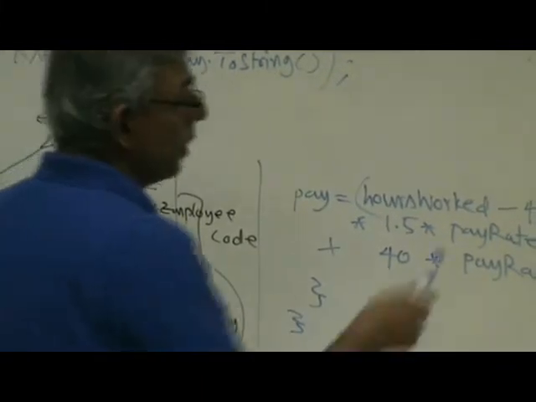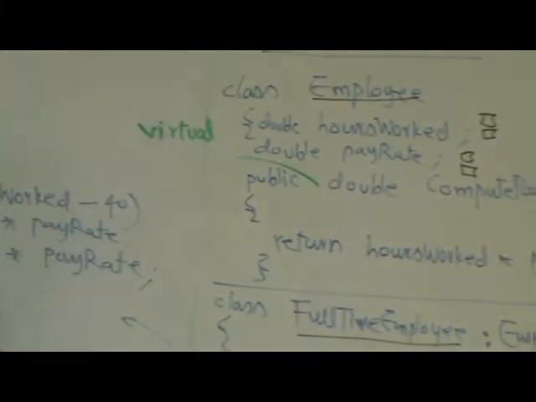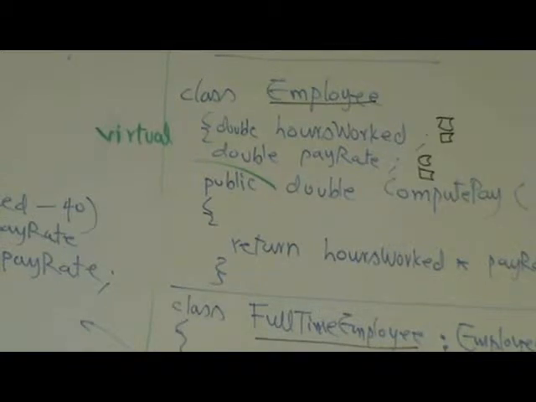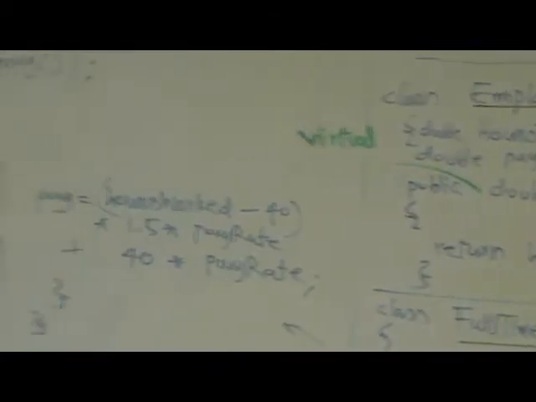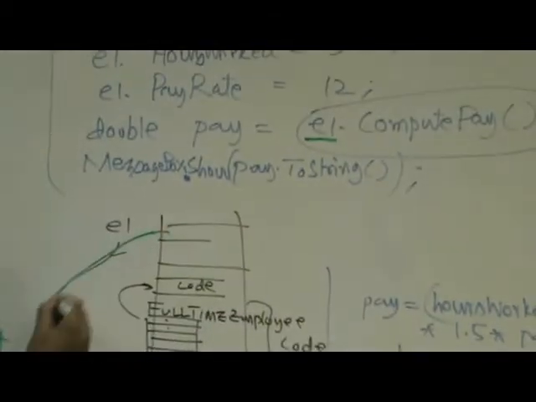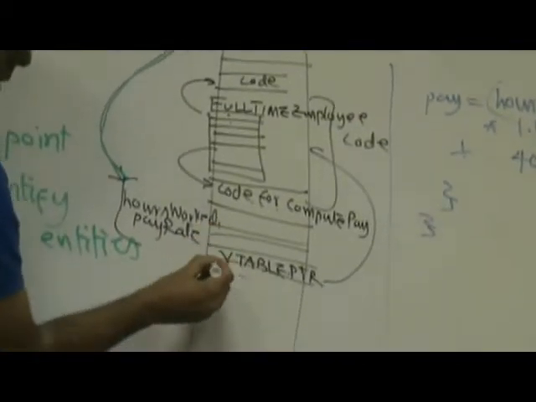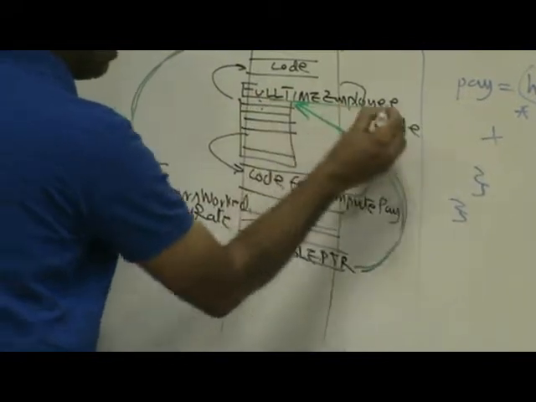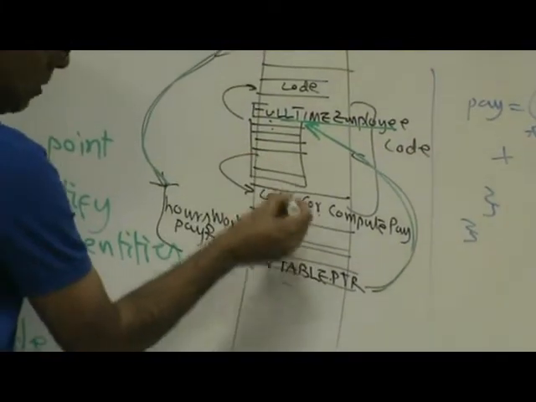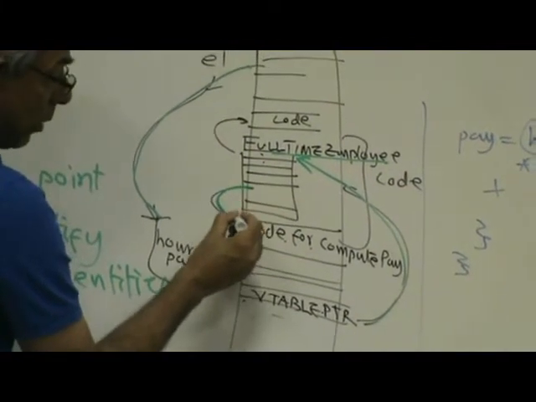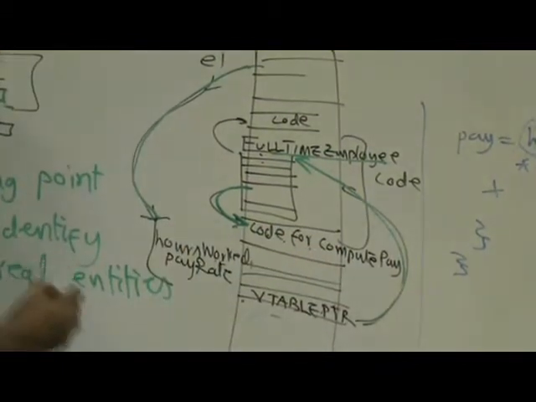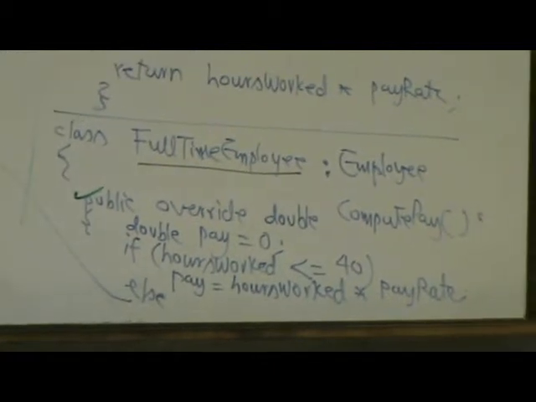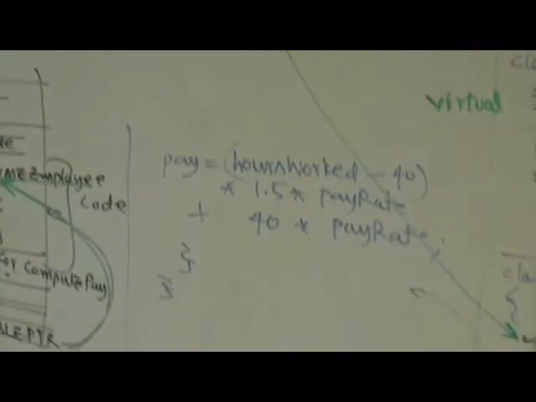So if this is virtual, the compiler will generate quite a bit of code that will start from E1, go to the actual object, go to the vtable for the FullTimeEmployee class, then locate the pointer that's pointing to the code for ComputePay, which in this case will be obviously this one. And so this will end up calling the correct function, right?